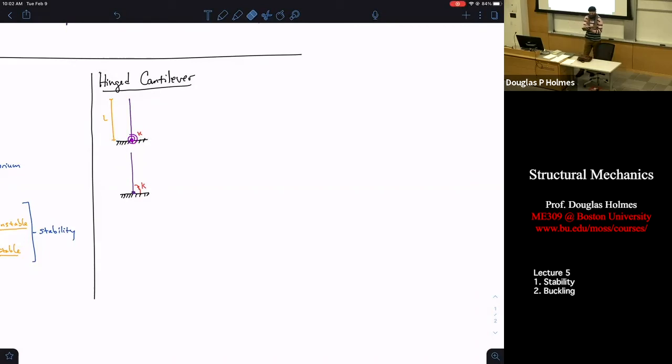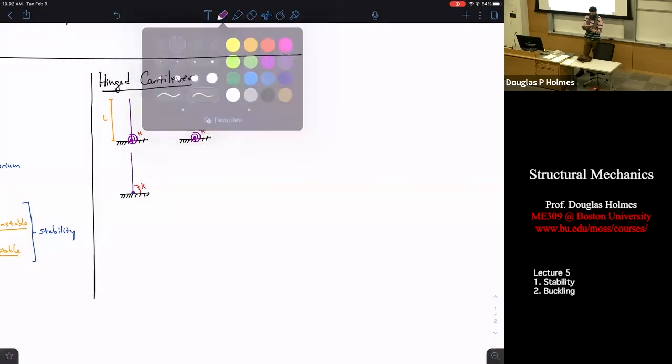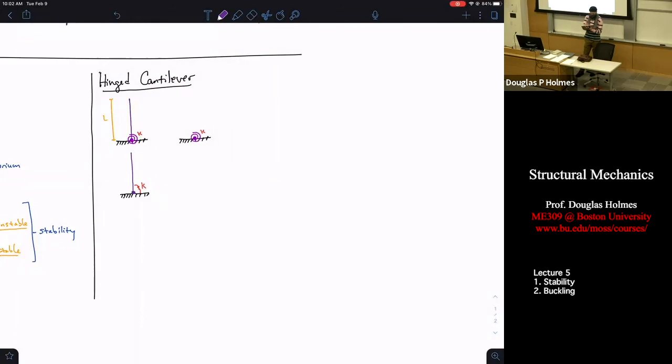And what we're going to do is apply a load, P. And again, just like we did in the last case, we can measure our angle away from the vertical.